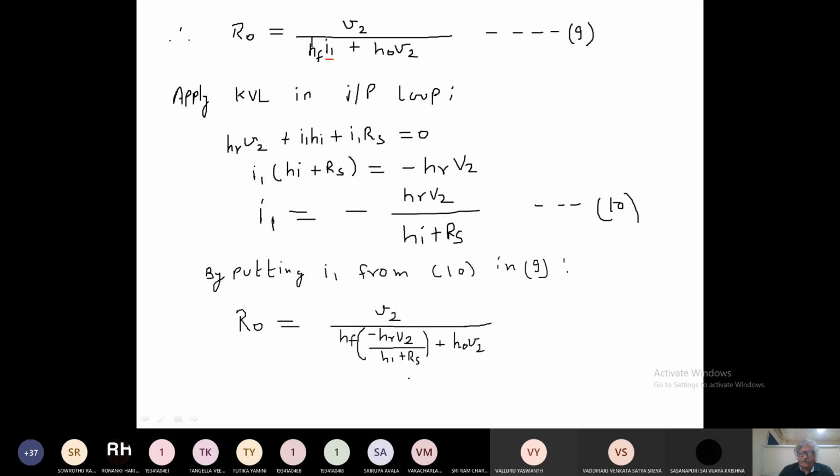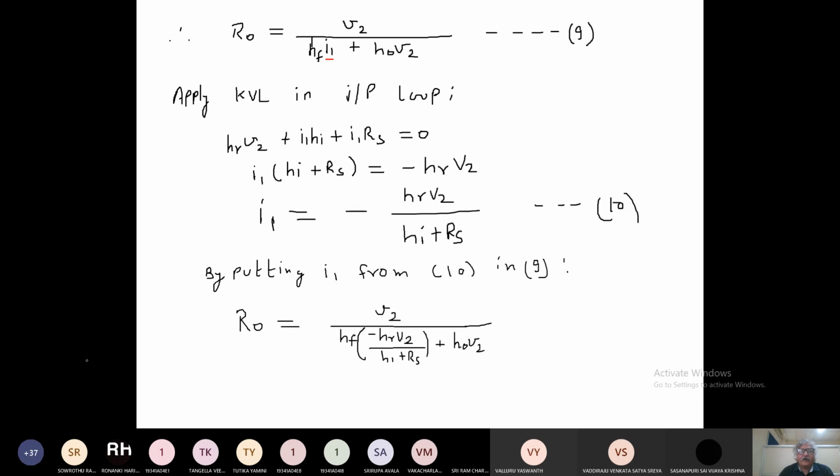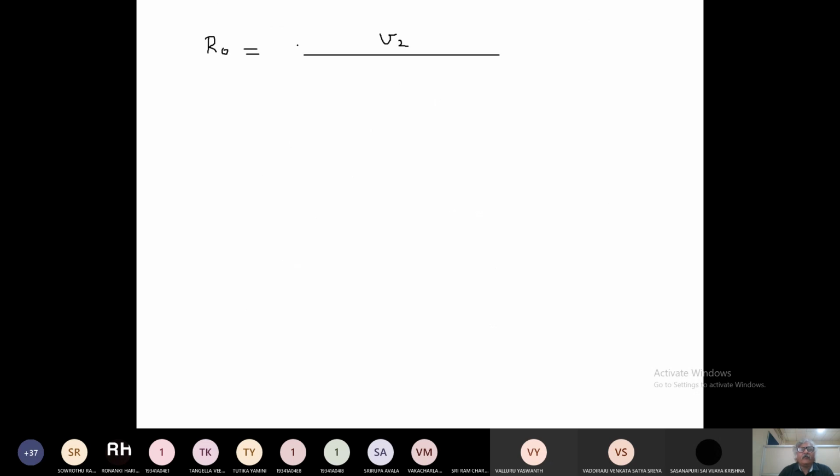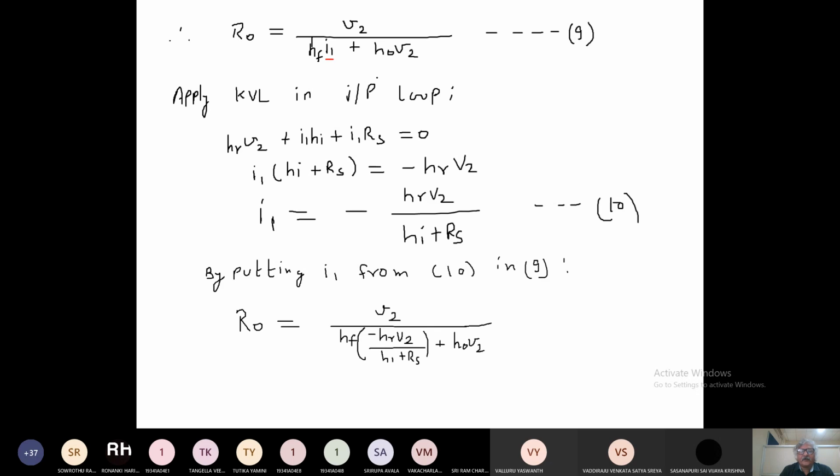Okay, then we will simplify this. So R naught is equal to V2 by, I will open this bracket, minus HF HR V2 divided by (HI plus RS), plus H naught V2.